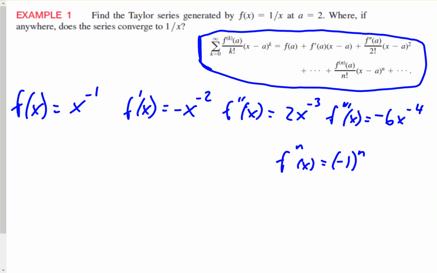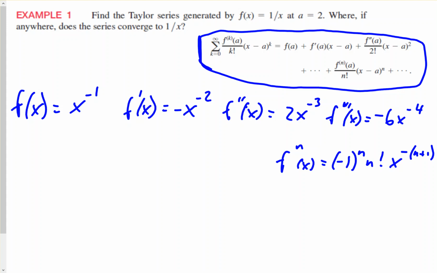And then we have a factorial situation developing, going from 1 to 2 to 6, so that's going to be n factorial. And then we have x to the negative, and the negatives will be growing by n plus 1.